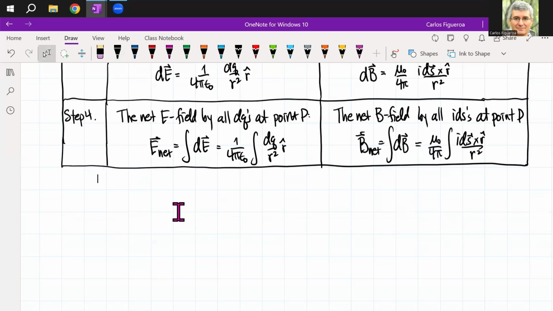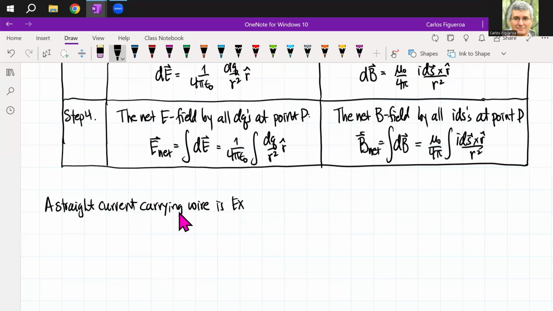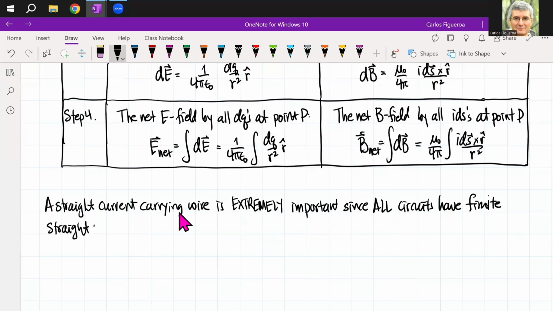So I'm going to repeat this whole process, but now I'm going to get into a calculational form. A straight current carrying wire is extremely important since all circuits have finite straight wires.